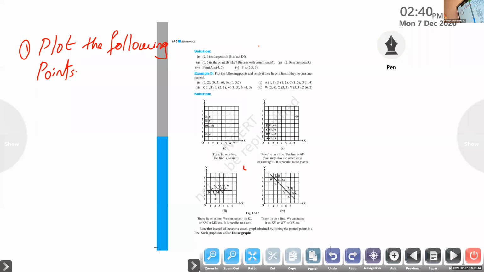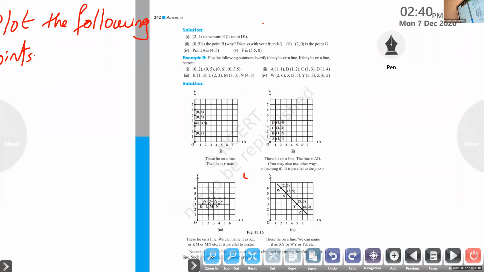Plot that one first. Draw x-axis and y-axis. We need 6 points to both the sides.